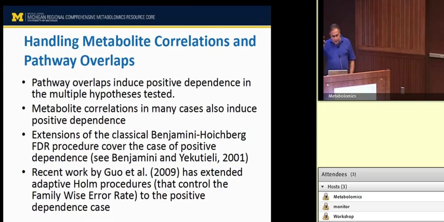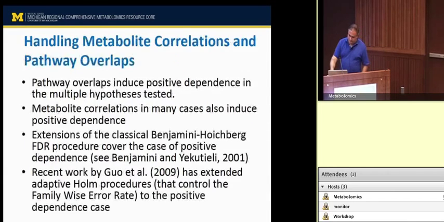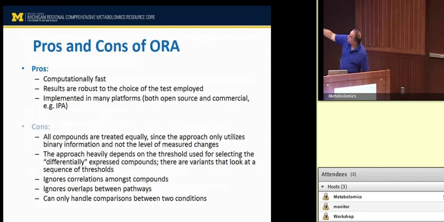So the pathway overlap, by being a little bit more sophisticated downstream in how you do your FDR corrections when you test multiple pathways, essentially can be handled. But these first two issues limit the applicability, and essentially there are better procedures.